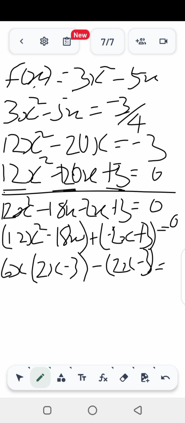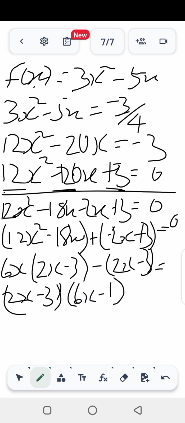Alright, so we factorize. We will have (2x minus 3) multiplying (6x minus 1), which is equal to 0. So when you reach here, you take one factor, equate it to 0, and solve.